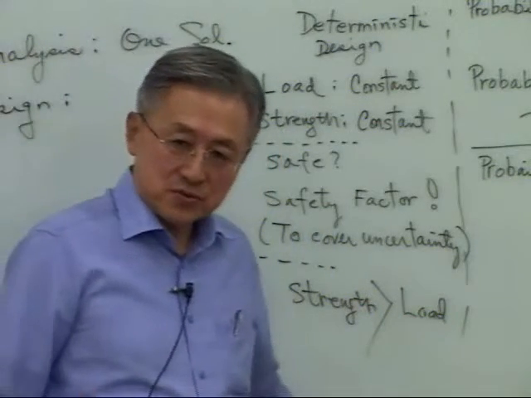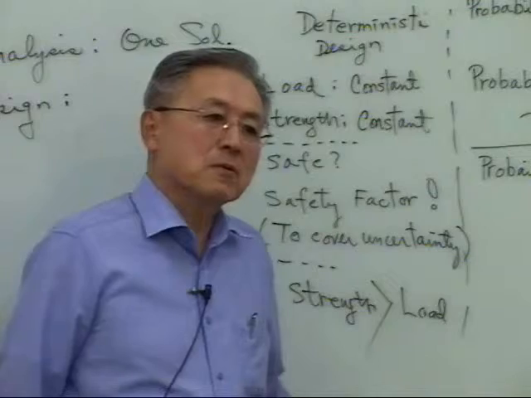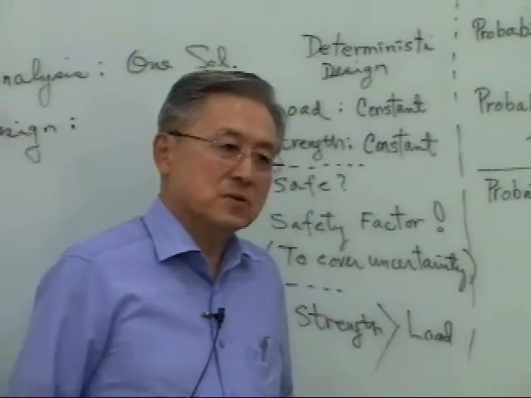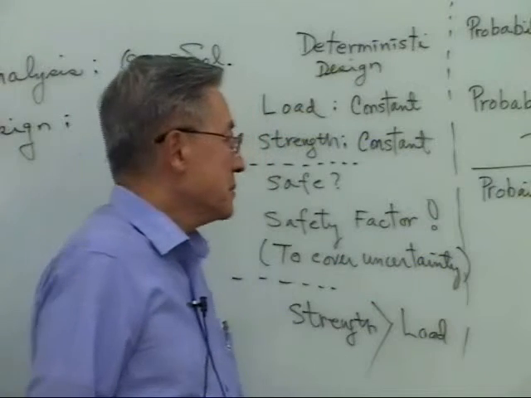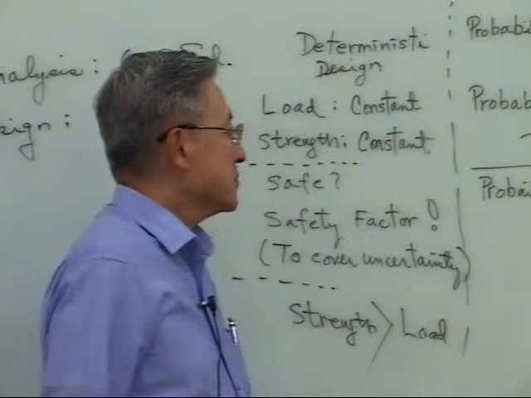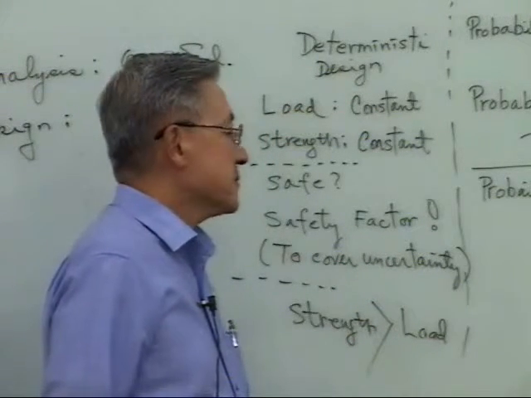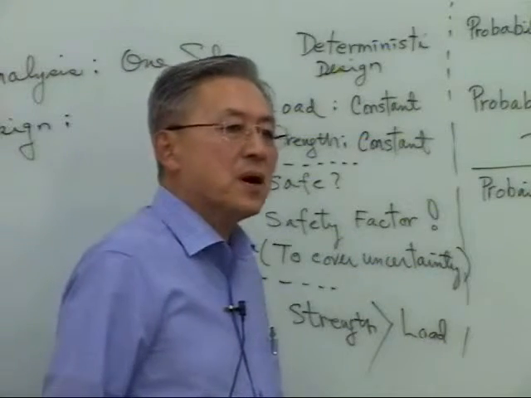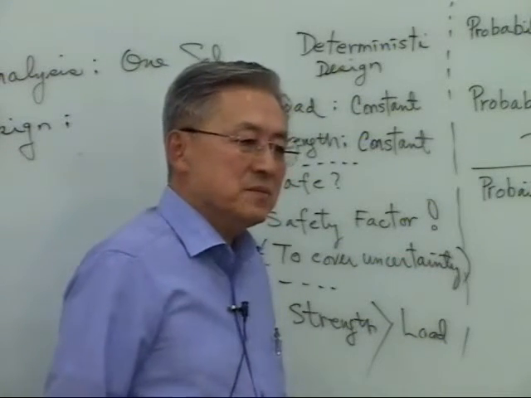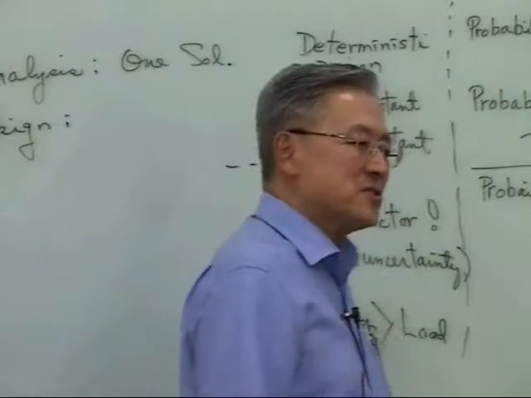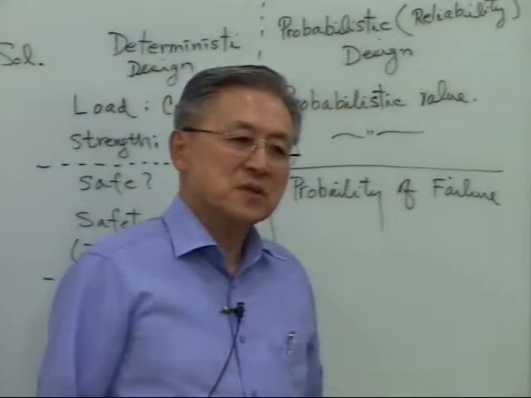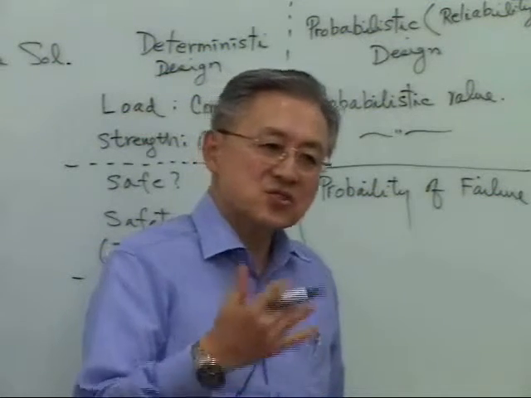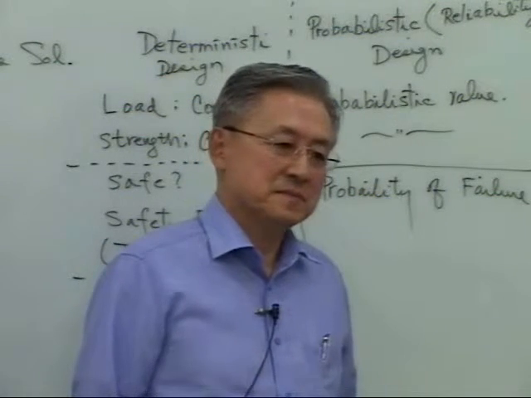You want to make sure that strength is higher than the load, so it's not going to collapse. That's a simple kind of approach, but for the reliability design, you compute the probability of failure, because for any existing system, whether it's a mechanical system or a structure system, you are dealing with what's the chance to fail?